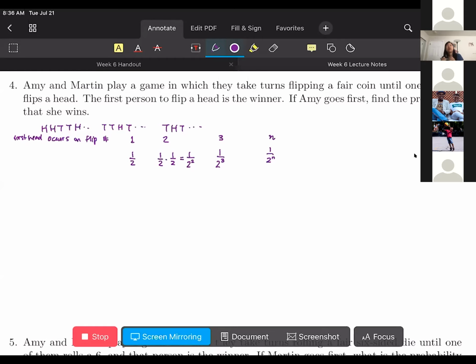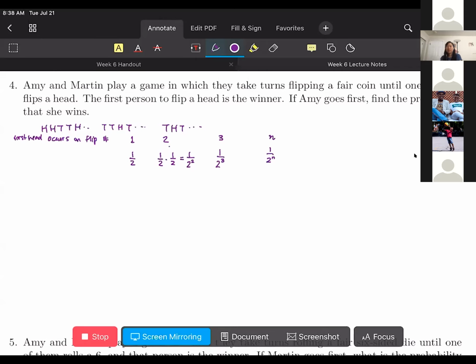So if Amy goes first and she flips a head, that's saying the first head occurs on flip number 1. And if that happens, then she wins. However, if she does not flip a head, then Martin gets a chance. And then if Martin flips a head, then Martin wins. So that's sort of the first head occurring on the second flip. However, if Martin also flips a tails, then Amy will flip again.